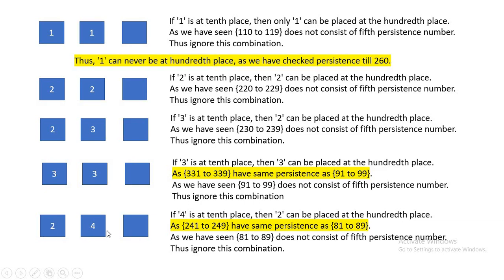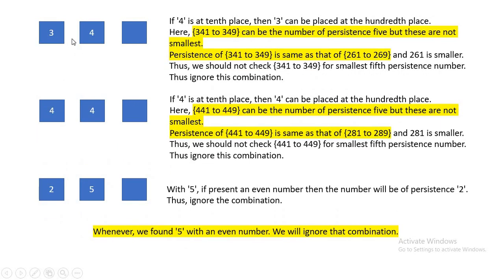240 to 249 is also similar to 81 to 89, since 2 times 4 is 8. 3 times 4, this is interesting. 340 to 349 can be a fifth persistence number, but it cannot be the smallest, as 341 can be written as 261 also. Means the persistence of 261 is the same as the persistence of 341.